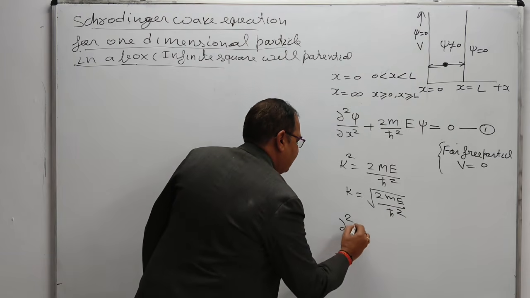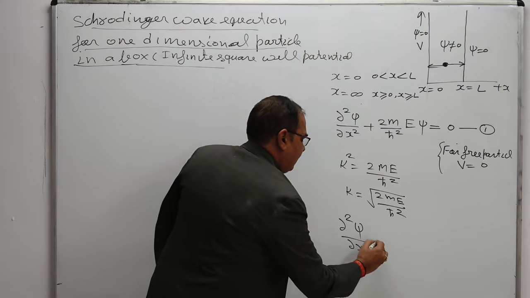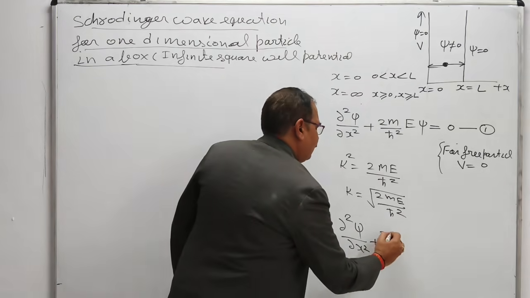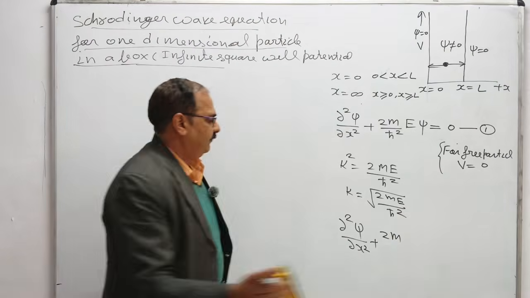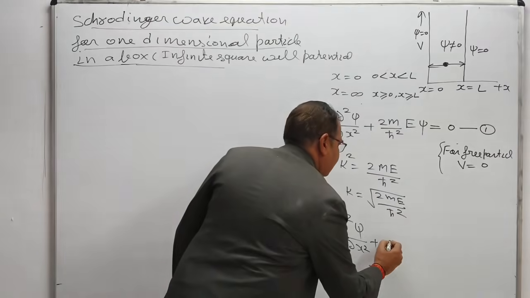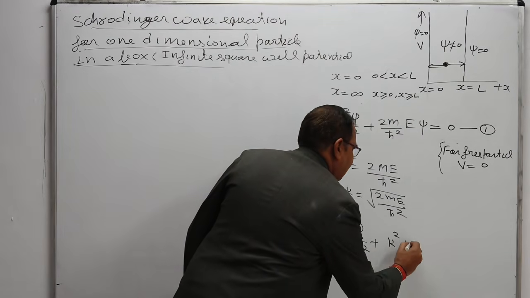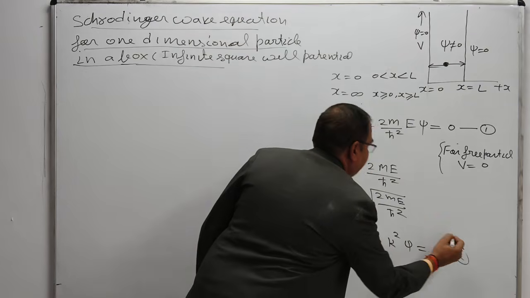The equation becomes d²psi/dx² plus k square psi is equal to 0. Equation number 2.